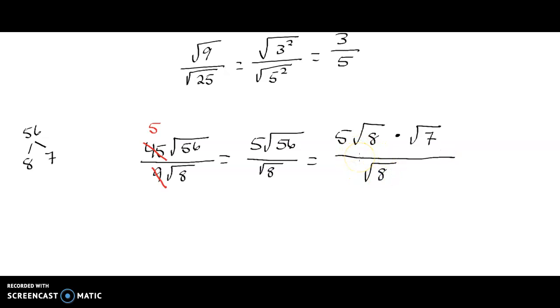We can keep it all underneath the one root sign, or we can simplify it into two different root signs. And now I see that I have a square root of 8 on the top, a square root of 8 on the bottom. I can cancel those square roots out. They become 1, and I am left with 5 the square root of 7.